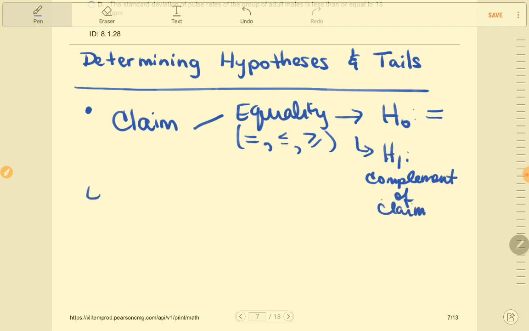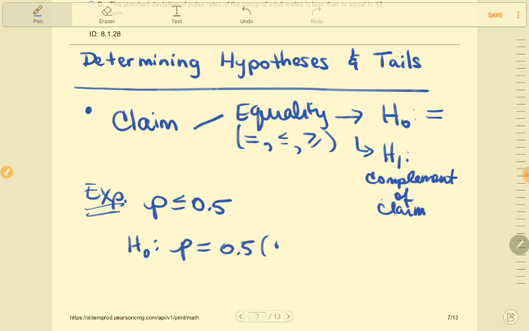Okay, so like in the example I gave you, if the claim was that the proportion is less than or equal to 0.5, the null hypothesis would absorb the claim, and since the claim is accounted for in the null hypothesis, and you can't have the claim be partially in both hypotheses, then your alternative hypothesis has to be the complement of the original claim. Okay.